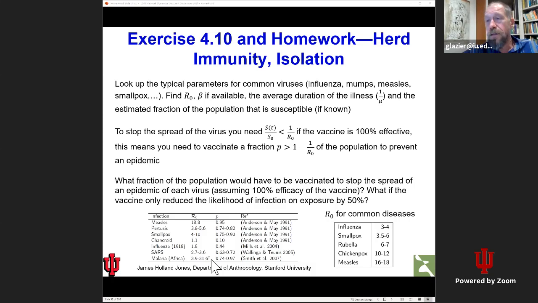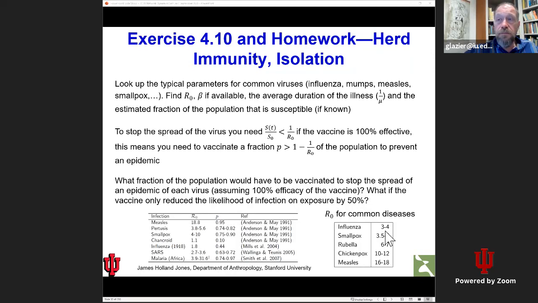So that's a little bit difficult to work with. Flu, here they've got a number of 2, here they've got a number of 4. So there are some big uncertainties in these. So it means, again, that if you want to use vaccination to stop the disease, the vaccine has to be highly effective, and you have to get a big fraction. Because if you're off, you're still going to have spread.